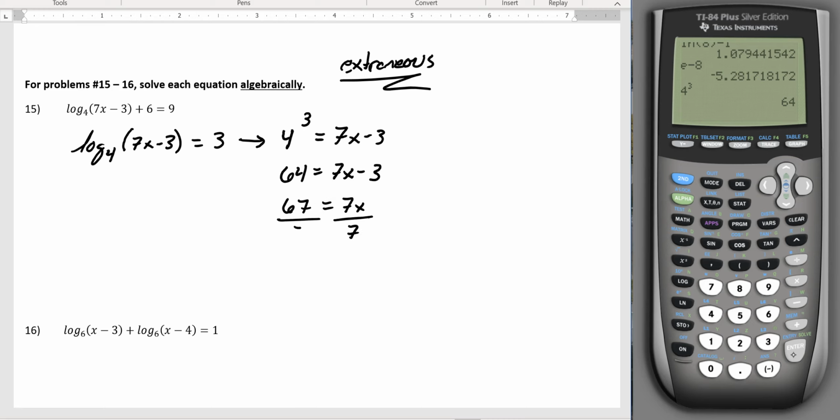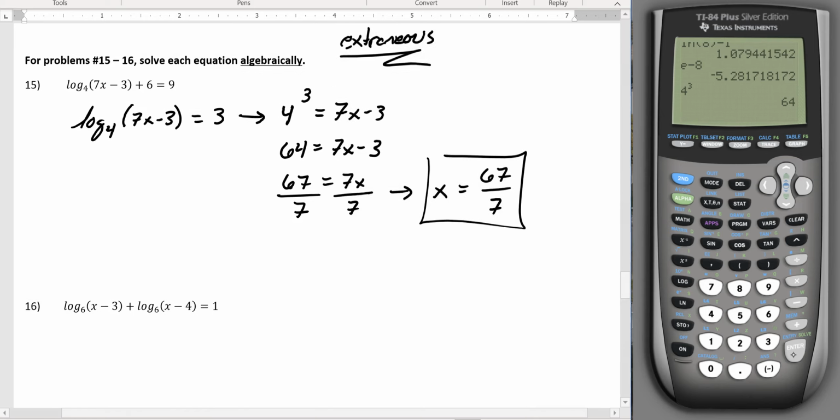Divide by 7. That does not divide easily, so we can just leave it as x equals 67 over 7. Now, the question is, when I plug this in, am I going to get a positive number? And yes, I am, so I can feel pretty confident that that is the correct answer. Remember, that's us checking for extraneous solutions.